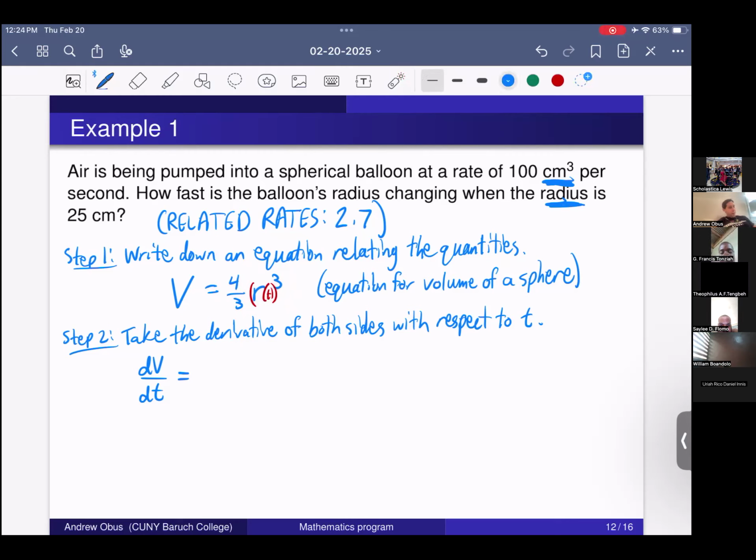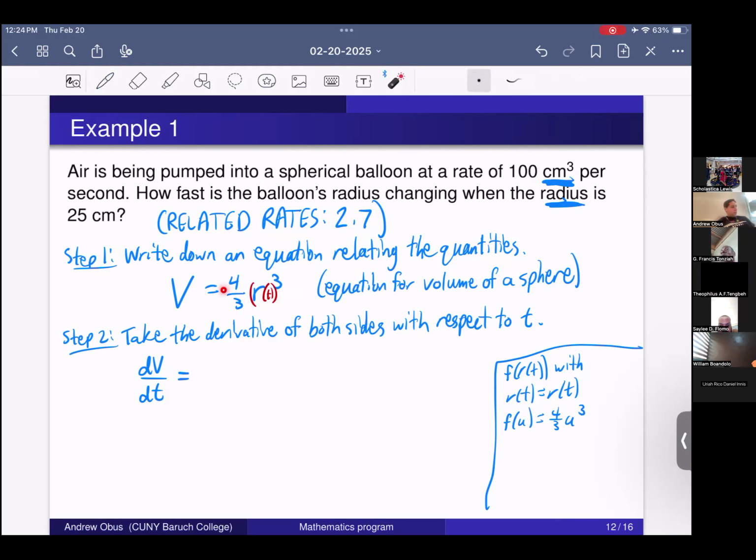So if I give a little aside here, this is basically f of r of t, with r of t just being r of t. We don't know what it is.